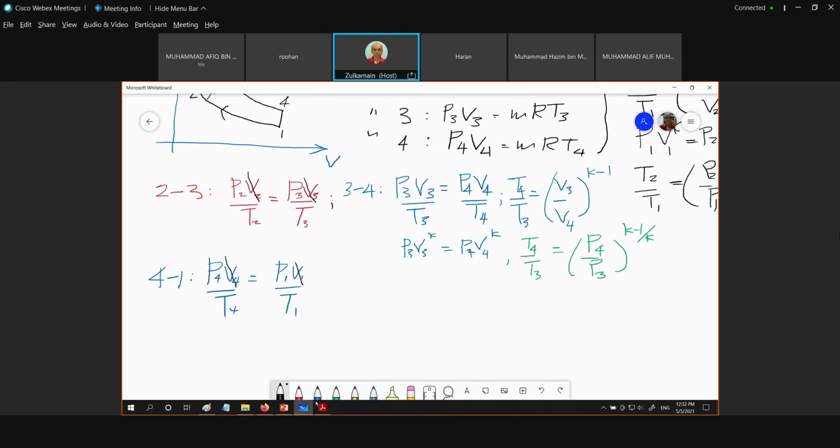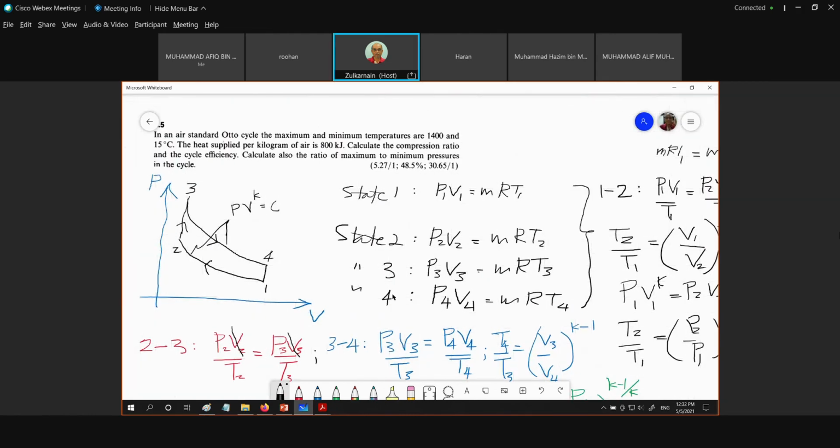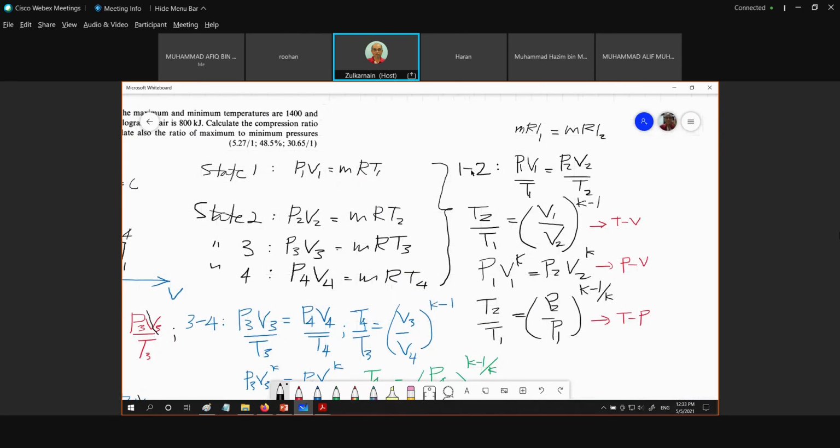So now guys, you can see that as far as the state is concerned, this is the ideal gas equation for a given state. And as far as the processes are concerned, for 1 to 2 this is our equation, this is our equation, and this is our equation.